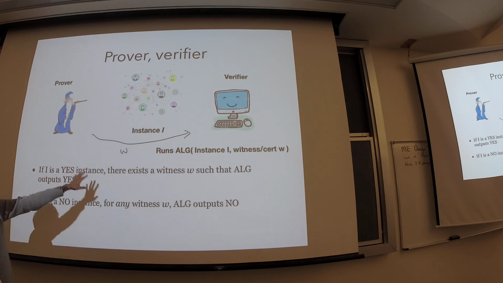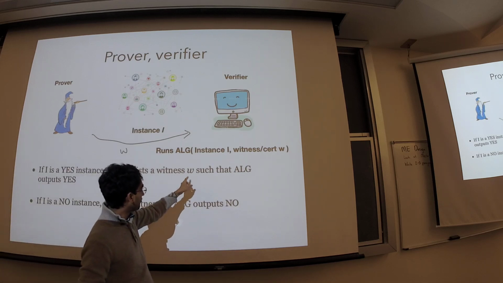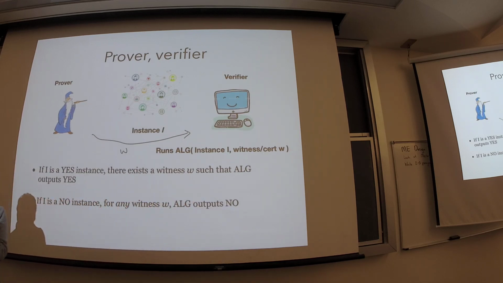If I is indeed a yes instance, then there has to exist some witness W that will convince this verifier that this is a yes instance. And if I is actually a no instance, then there should be no way that the prover can fool the verifier into accepting. And we saw this in the example of the independent set.